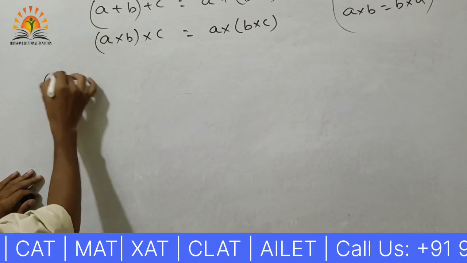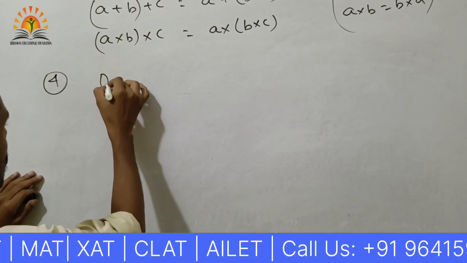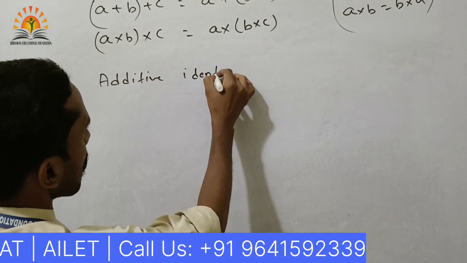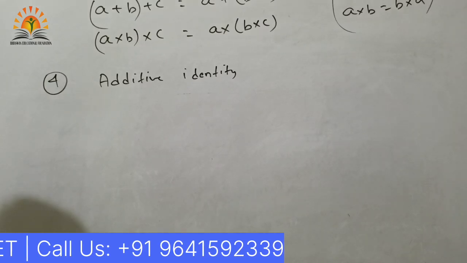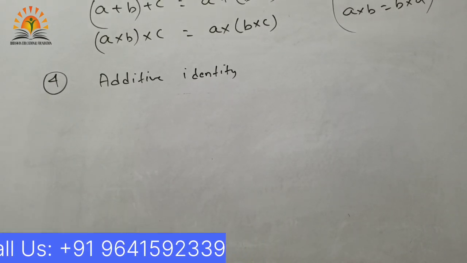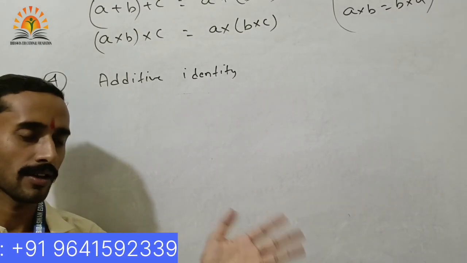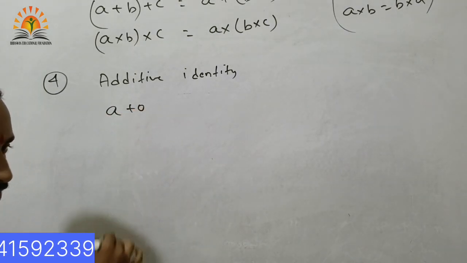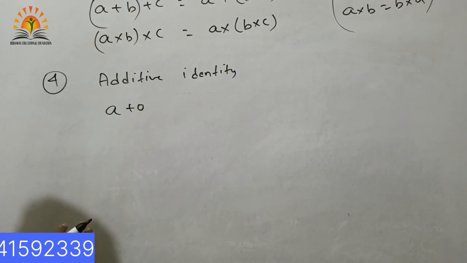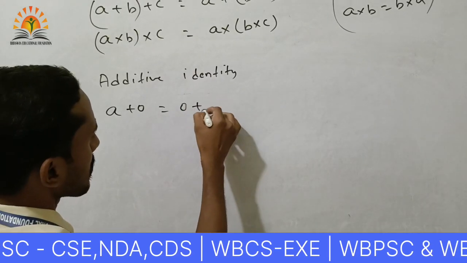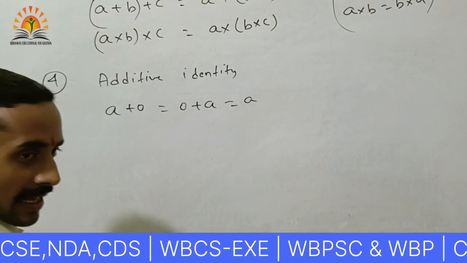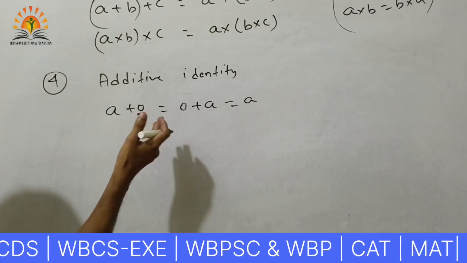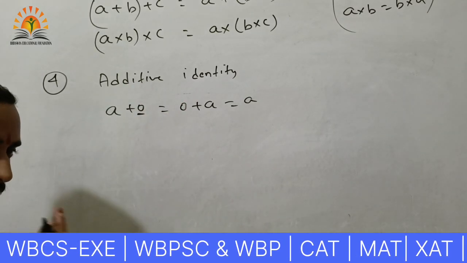Now the fourth property is additive identity. Additive identity means the number which, when added, does not change the value of that number. If we add any number with 0, will it change the number? No. 0 plus A always remains the same number. So 0 is known as the additive identity because 0 does not change the value of that number.